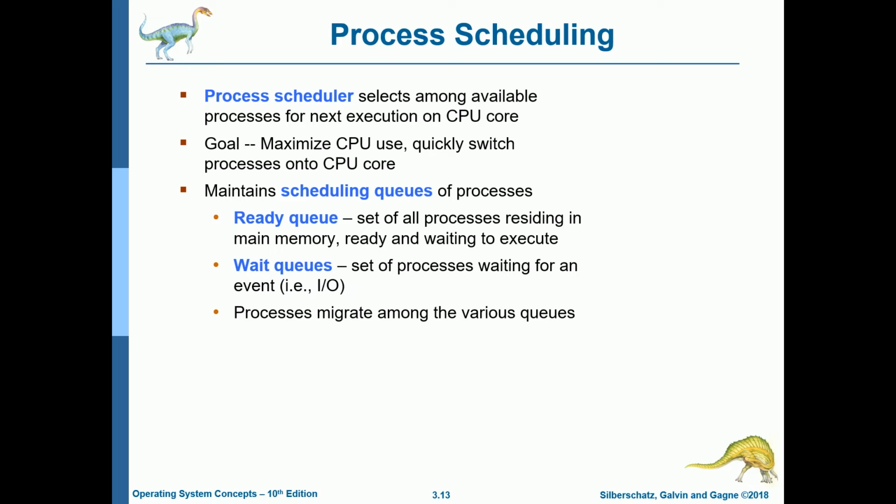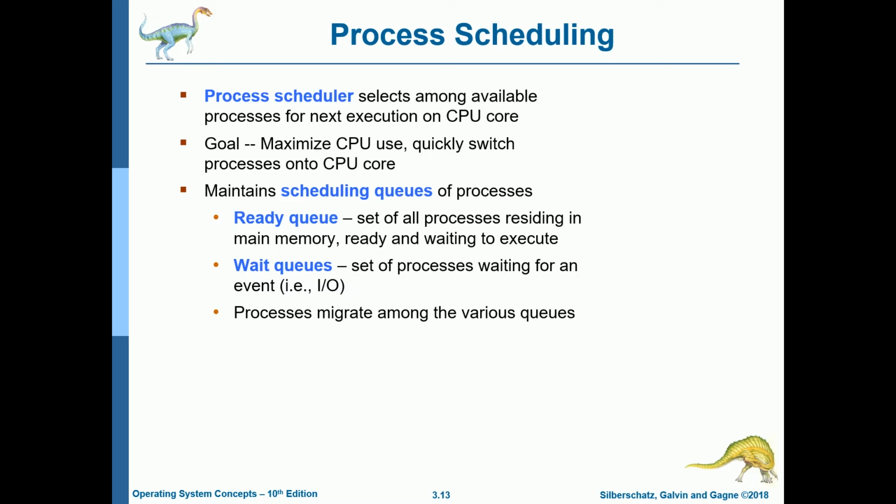In order to do this, we introduce the process scheduler, which selects an available process for program execution on a core. CPU cores can only run one process at a time. So for a system with a single CPU core, there will never be more than one process running at a time, whereas multi-core systems can run multiple processes all at one time.